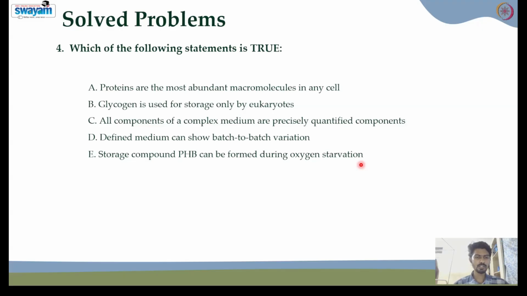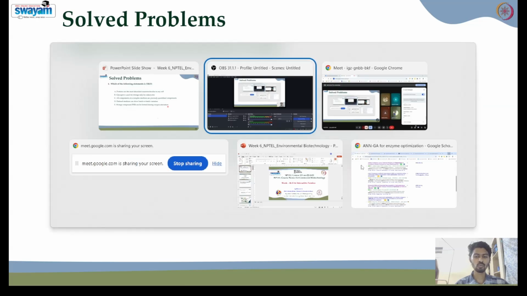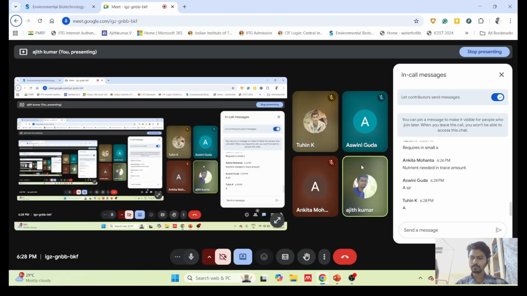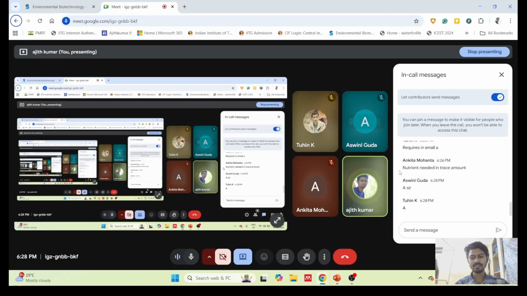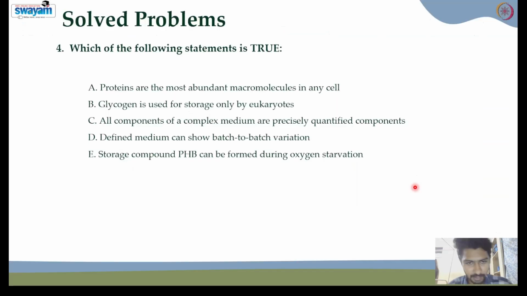I'll repeat the question. Which of the following statements is true? Okay, option A, proteins are the most abundant macromolecule in any cells. Any other answer? Ankita? Any other answer?